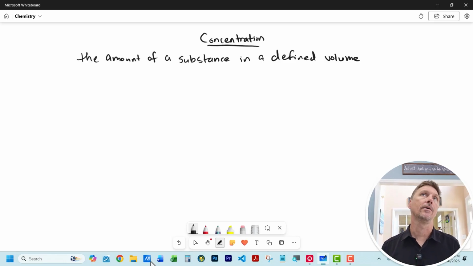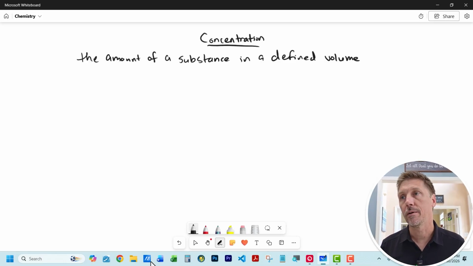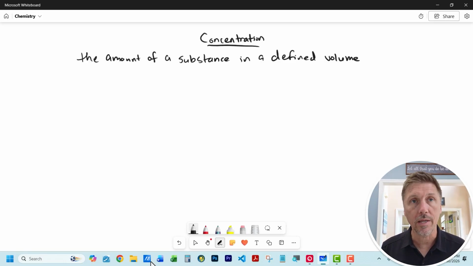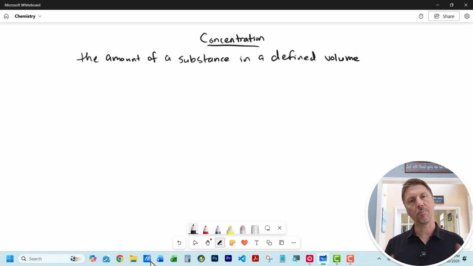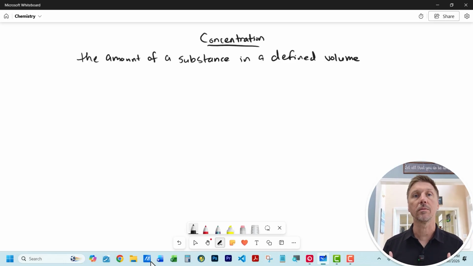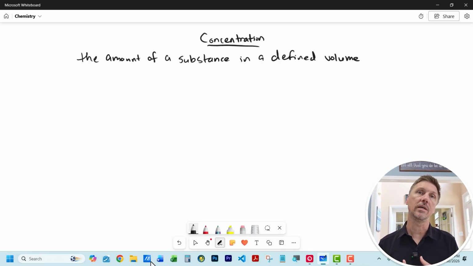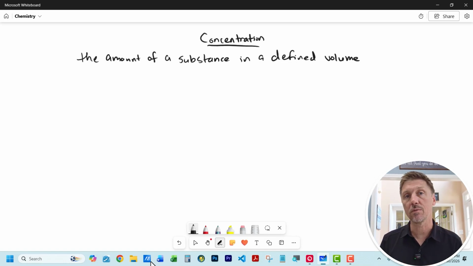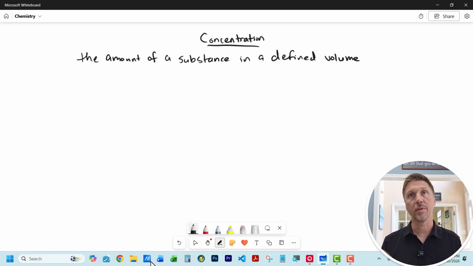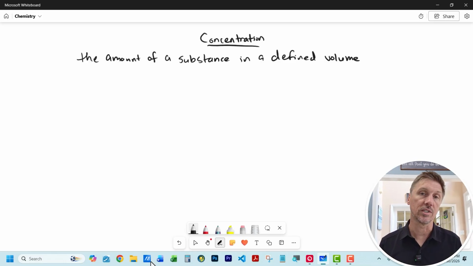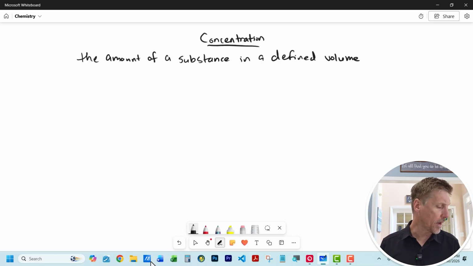If you buy, I don't know, sulfuric acid, it's not going to be pure sulfuric acid. It's probably going to be sulfuric acid that's been diluted. It's going to be mixed in with water, but there'll be a number that represents the concentration to let you know how much sulfuric acid there is in there for the given amount of water.